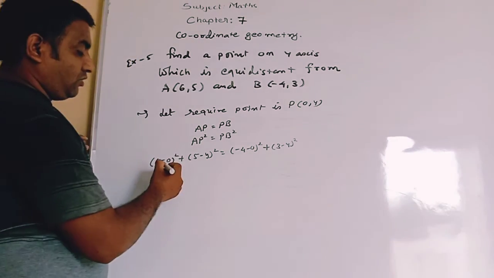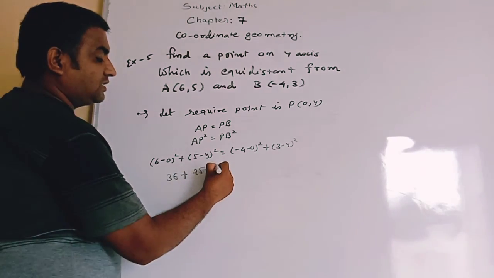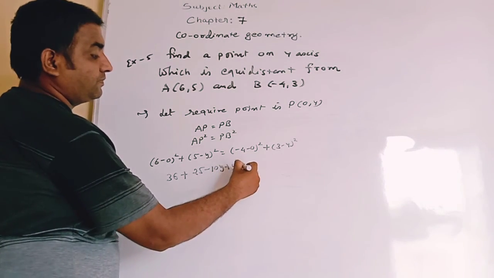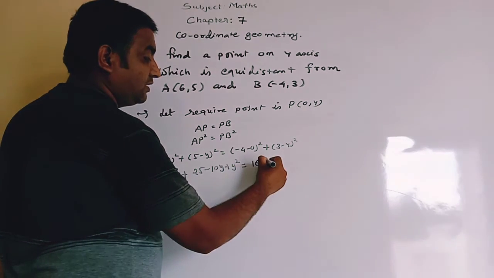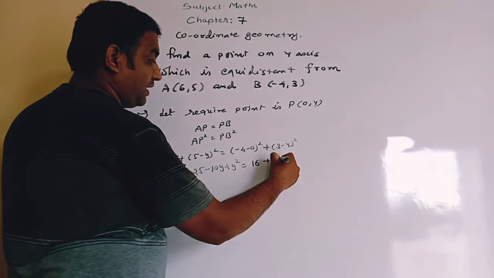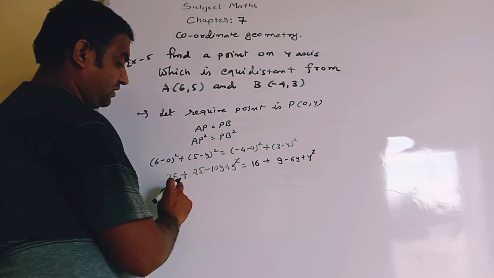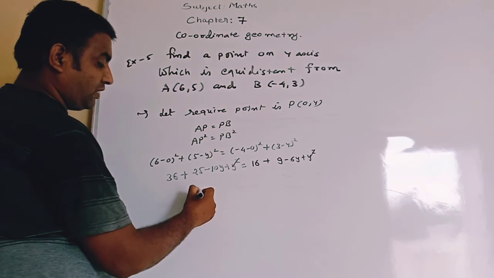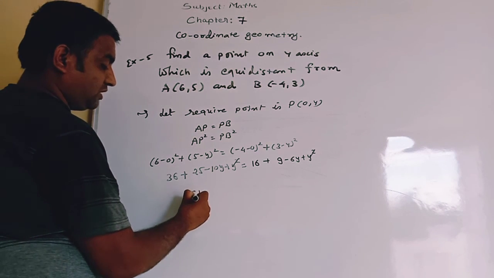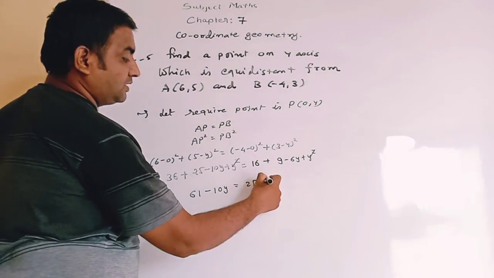So here we solve, then 6 square 36. Here expansion will be 25 minus 10y plus y square is equal to minus 4 square 16 plus expansion will be 9 minus 6y plus y square. So y square cancels, 36 and 25, so its addition will be 61, minus 10y is equal to 16 and 9, 25, minus 6y.